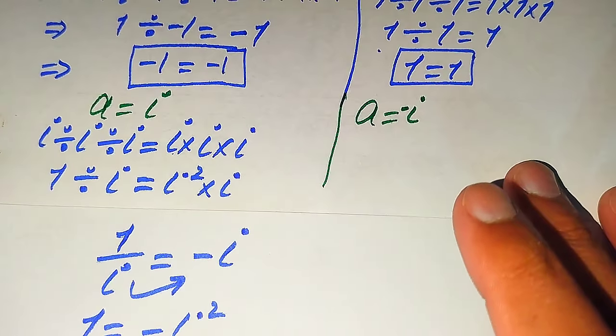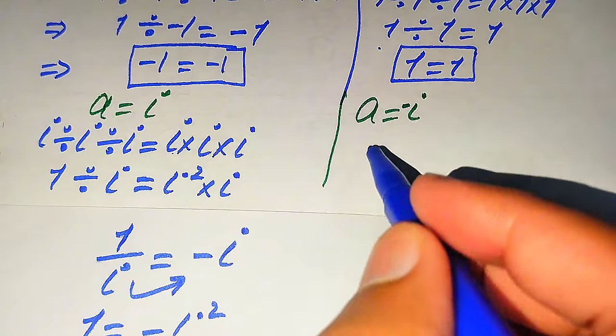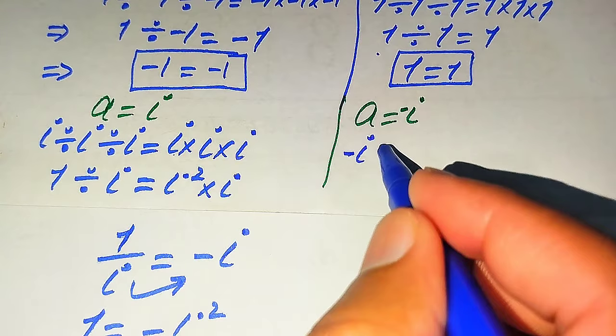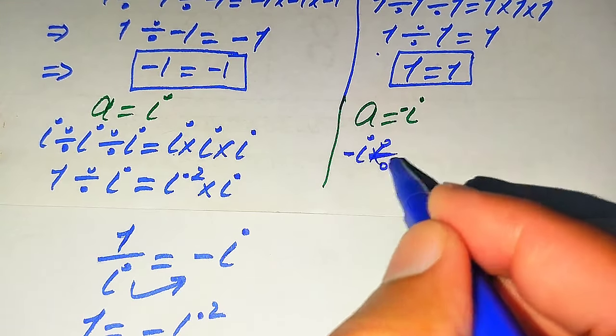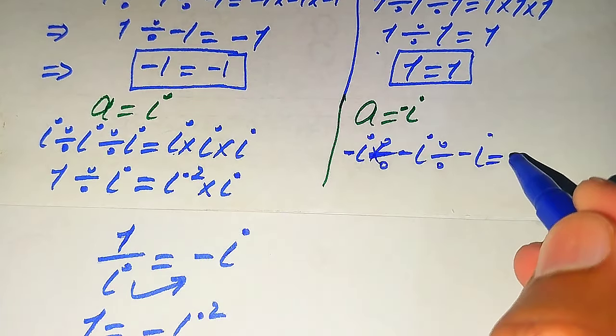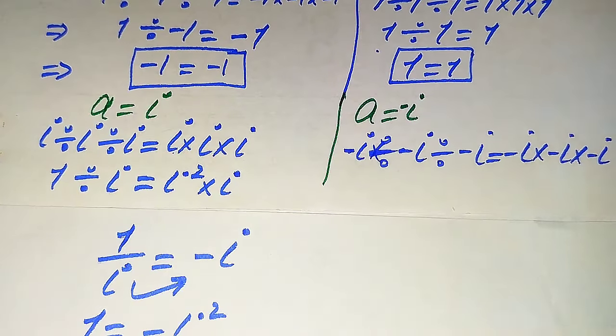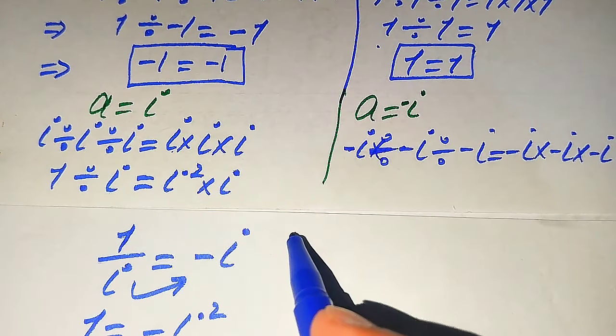When we put a equals minus iota on both sides of the given equation, it is written as minus iota divided by minus iota divided by minus iota equals minus iota multiplied by minus iota multiplied by minus iota.